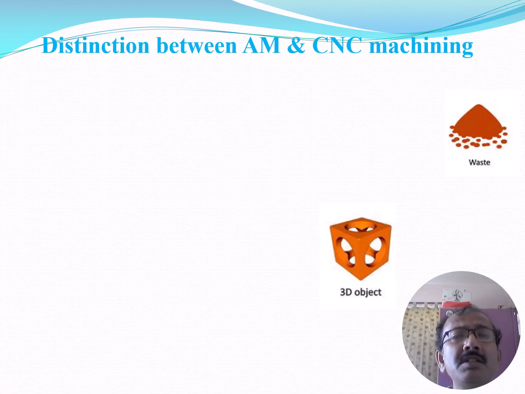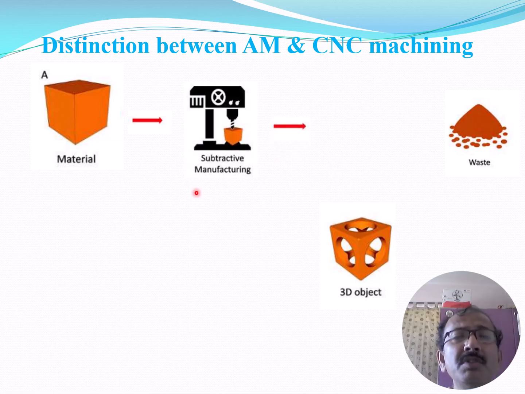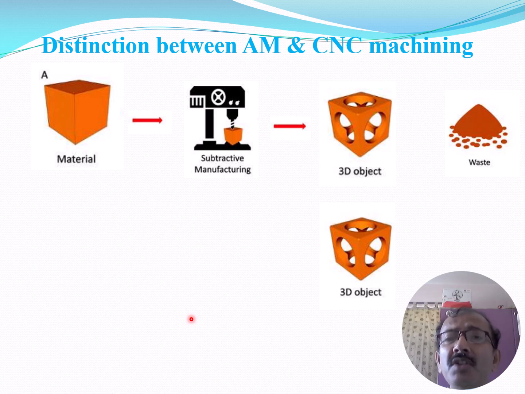Now, the distinction between AM and CNC machine. So what is the difference? This is the conventional manufacturing, that is the subtractive manufacturing. First is the material, then with the help of machining, finally you are getting the 3D object, and this is the waste of the material.